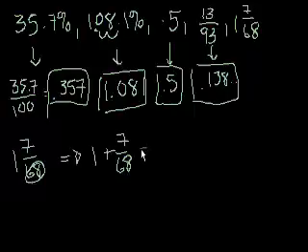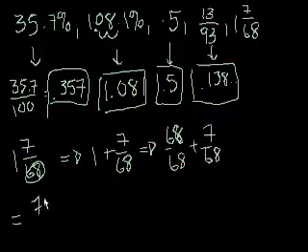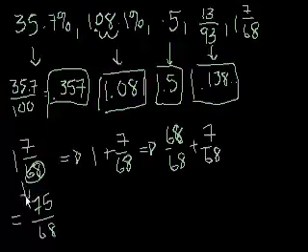And that's the same thing, as you know from the fractions module, as 68 over 68 plus 7 over 68. And that's the same thing as 68 plus 7 is 75 over 68. So 1 and 7/68 is equal to 75 over 68.